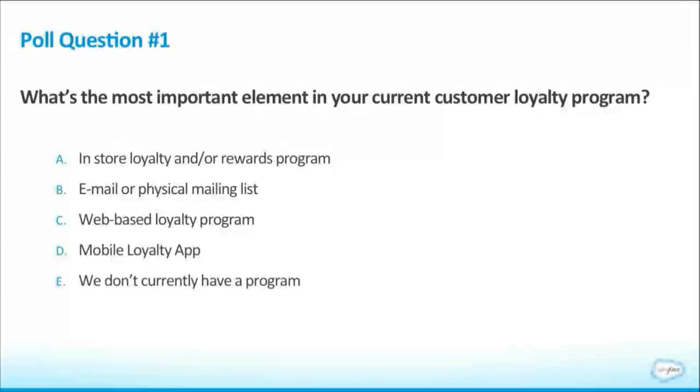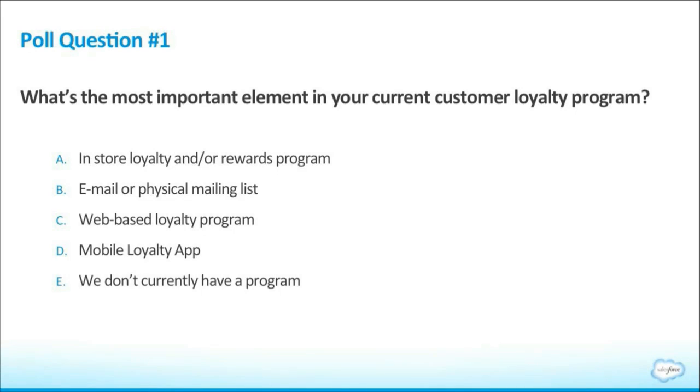So to get started, like I said, we'd like to ask you 2 questions. So find that poll button, the vote button up at the top. The first question is, we'd like to know about you and about your most important element of your current customer loyalty program. If you're running a customer loyalty program now, how are you doing it? How are you incenting people? How are you tracking rewards? Is it A, in-store loyalty and or rewards program? B, are you running an email or a physical mailing list?